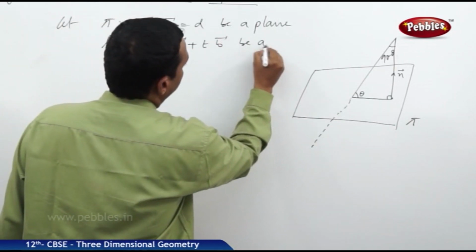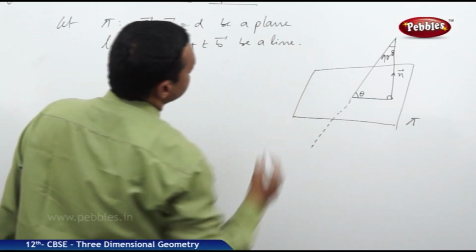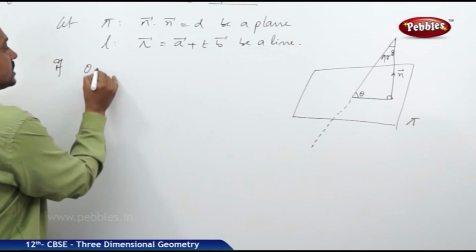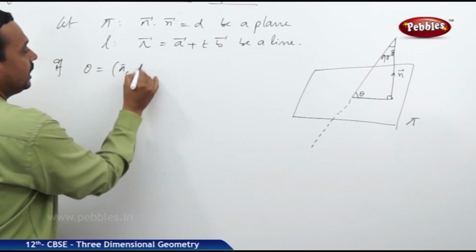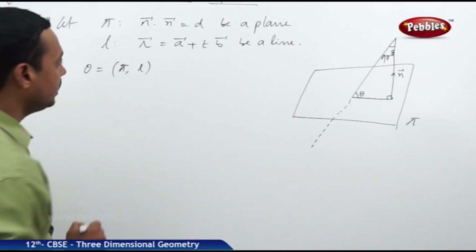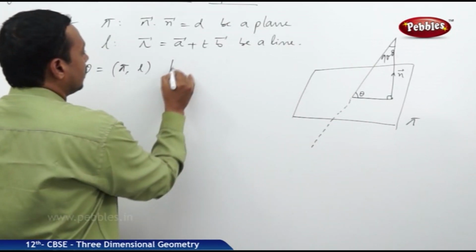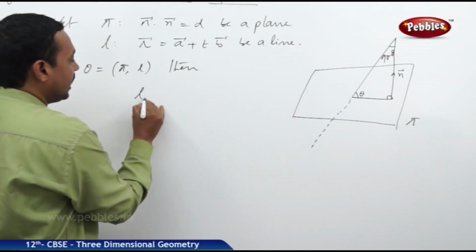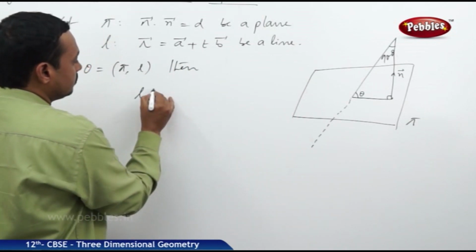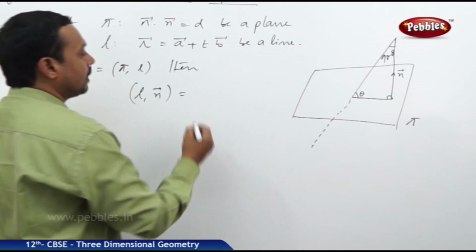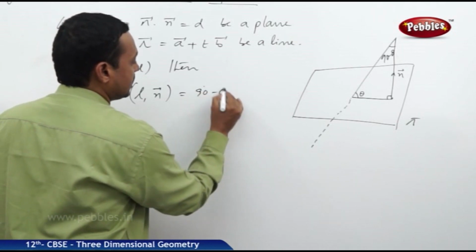Suppose theta is the angle between the plane pi and the line L, then the angle between the line L and the normal N is 90 minus theta.